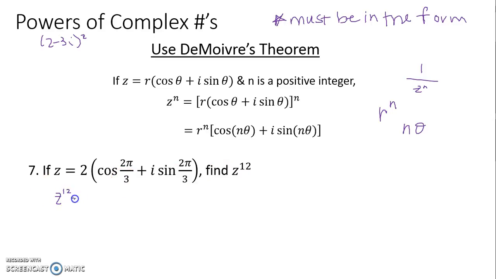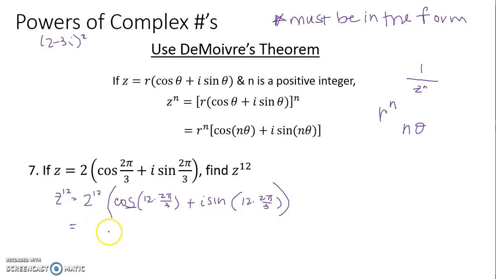So the first thing you're going to do is 2 to the 12th. And then for my angle, I'm going to do cosine, and I'm actually going to do 12 times 2 pi over 3. Plus i sine, and then again this will be 12 times 2 pi over 3. 2 to the 12th, yes, you're welcome to use your calculator for that part, but it is 4,096.